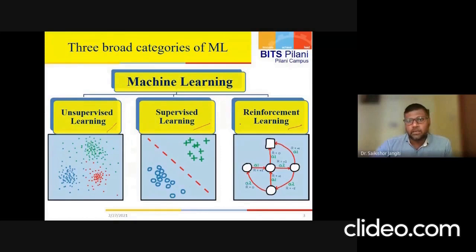Whereas reinforcement learning is rarely discussed, because the first two, unsupervised and supervised, are data driven, right? So these are applied on data, whereas reinforcement learning starts from scratch when there is no data, right?